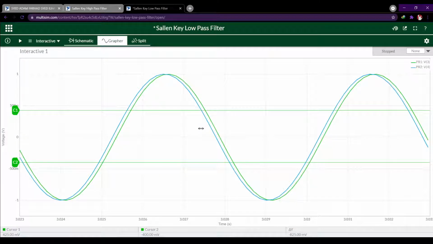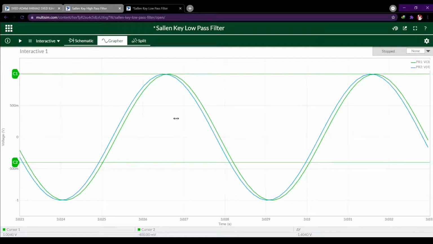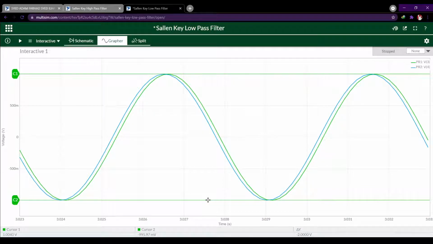After simulating, we can see that the voltage in and the voltage out are the same value, 2 volts. The voltage in that we give is 1 volt Vp, with the frequency based on the table we calculated. Since voltage gain is voltage out over voltage in, we get 2 volts over 2 volts, so we get 1.